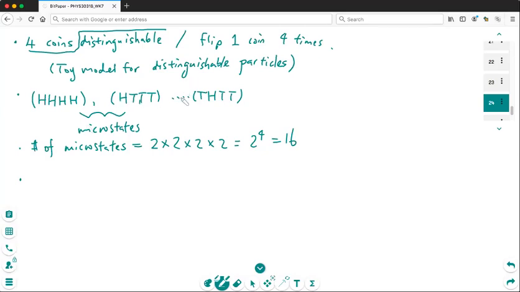Although these are different microstates, I can define a scenario that I want. I can say I only care about 3 tails and 1 head.